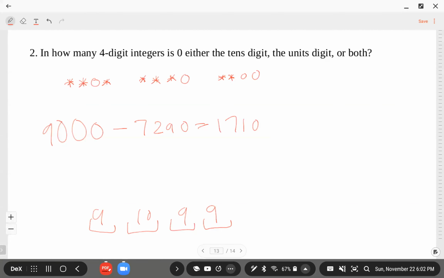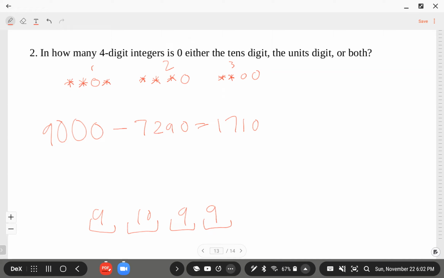The second practice problem is: in how many four-digit integers is zero either the tens digit, the units digit, or both? So we have three possibilities. Zero is the tens digit, that's the first outcome. Second outcome, zero is the units digit. Third outcome is both. So we use the exclusion method. What are the unwanted outcomes?